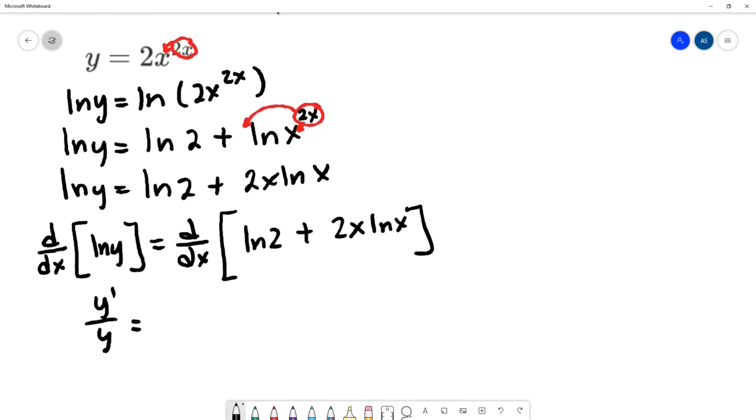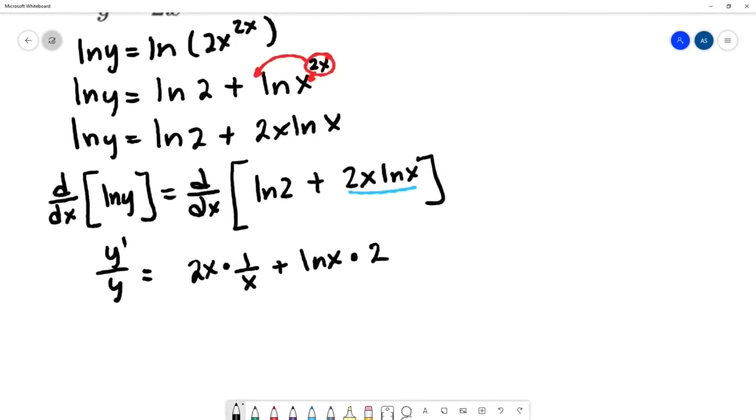On the right, the derivative of natural log 2, that's the derivative of a constant, that's going to be 0. And then on the second term here, we need to use the product rule to calculate the derivative. So we'll do the first times the derivative of the second plus the second times the derivative of the first.